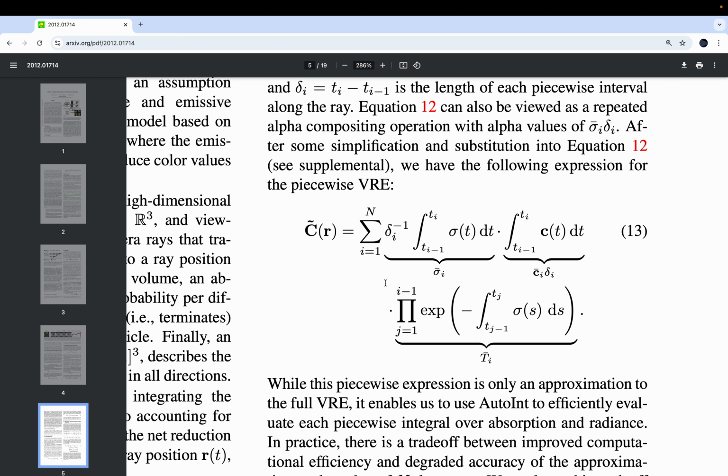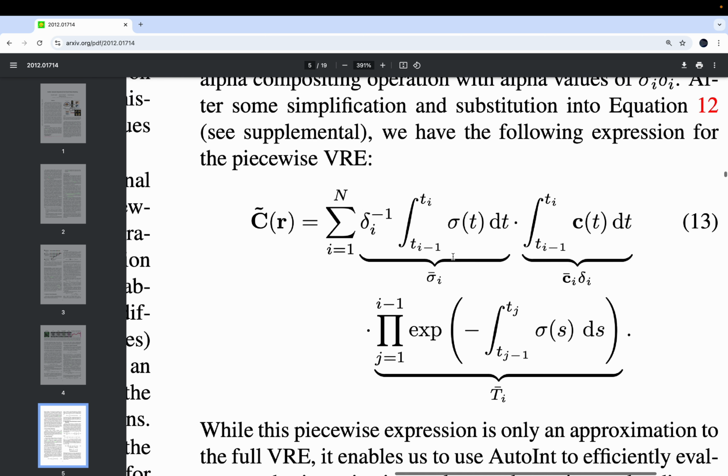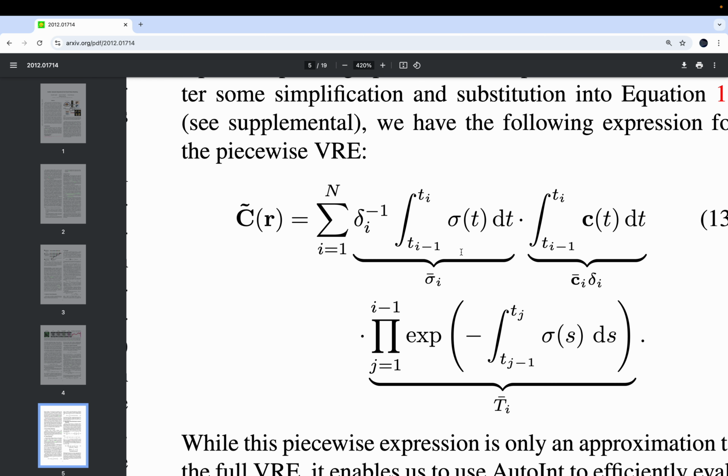By taking some limits, this reduces to the equation we usually use when we train NeRF models. That means you can use the standard NeRF way of training, but at inference you can evaluate each sub integral directly, just by evaluating the integral network at t_i and t_i minus 1.